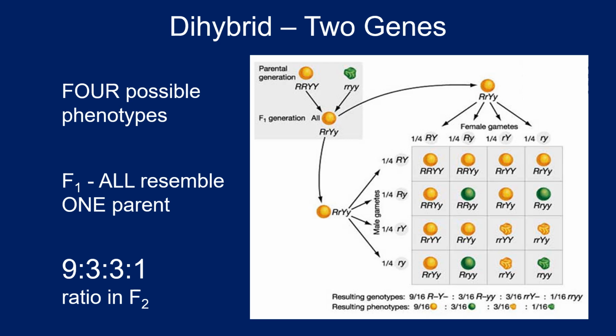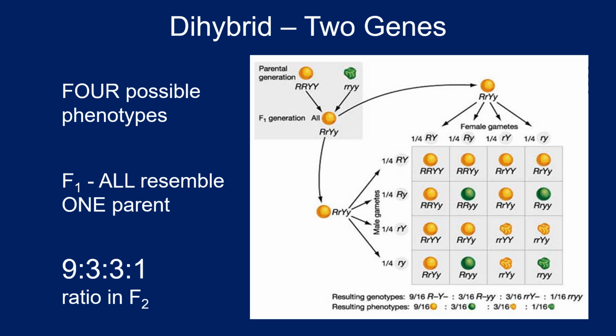We do the exact same thing on the other side. So we're looking at the male gametes and the female gametes. And when we cross them, we just write in the spaces, the cells of our Punnett square, those combinations. So if we have big R, big Y crossed with big R, big Y, of course, we're going to get big R, big R, big Y, big Y. So always remember that what you put on the axes, that has to be haploid.